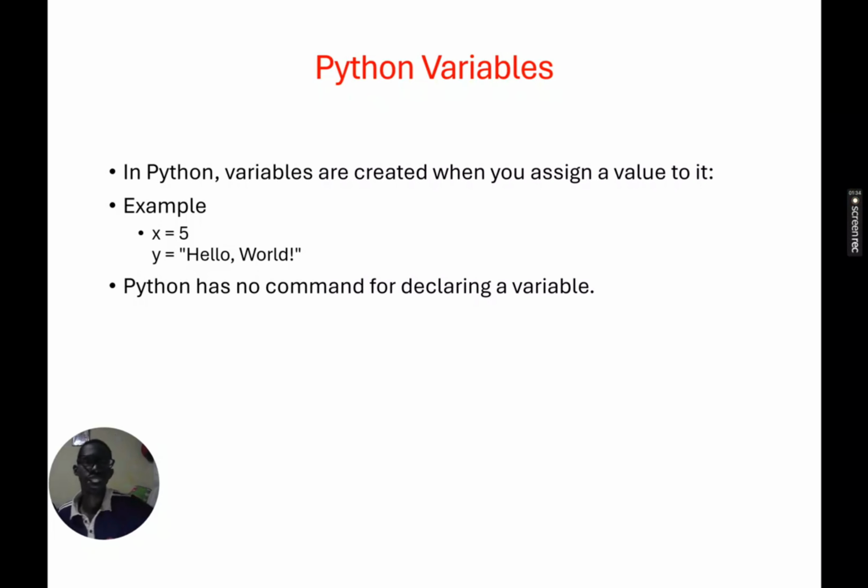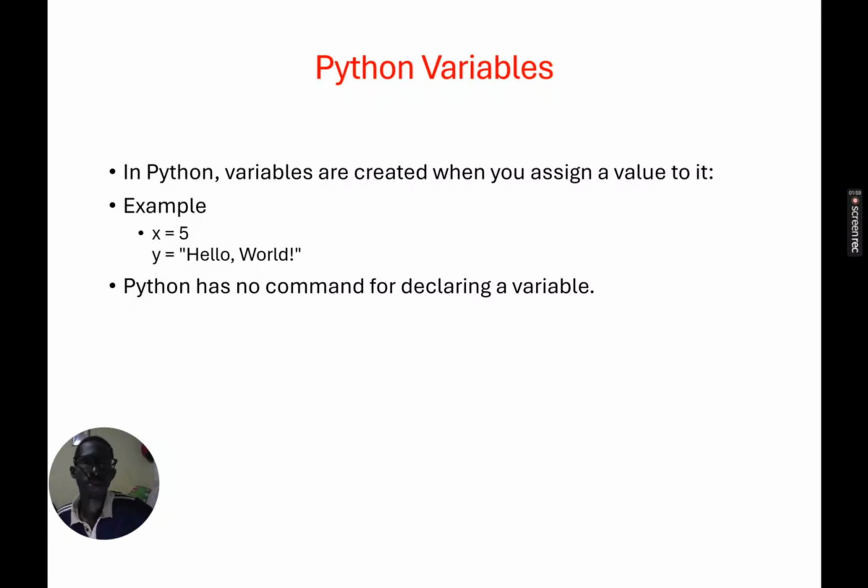So here we say in Python, variables are created when you assign a value to them. So here what you see as x is equal to 5, this means that x is assigned 5, and then y is assigned hello world. So Python has no command for declaring variables.